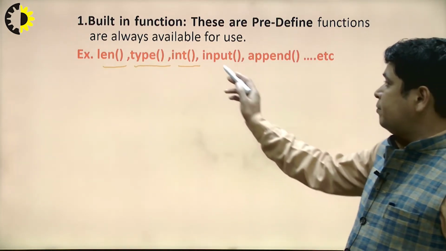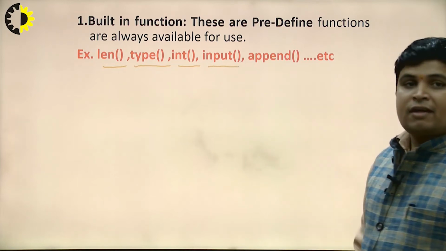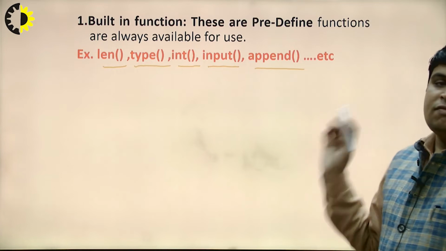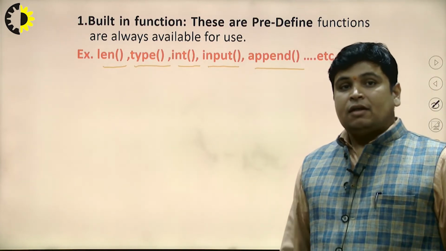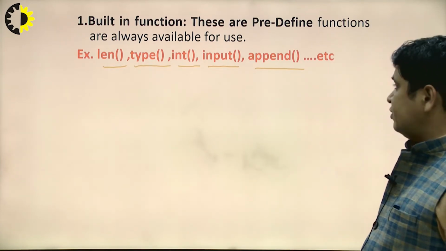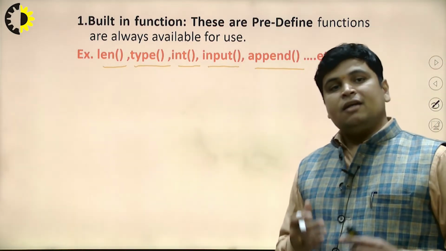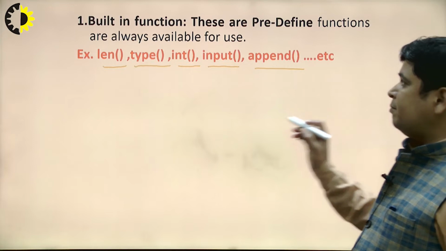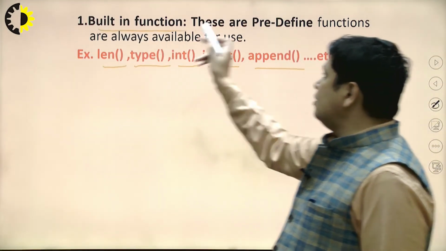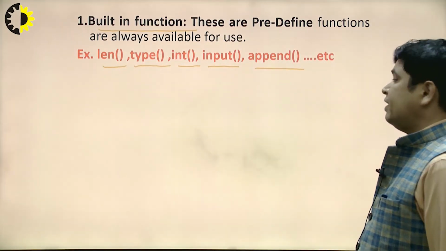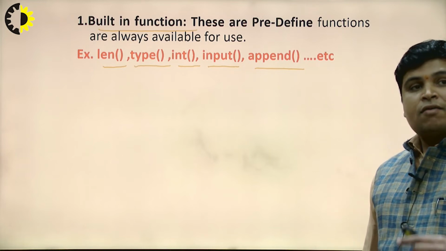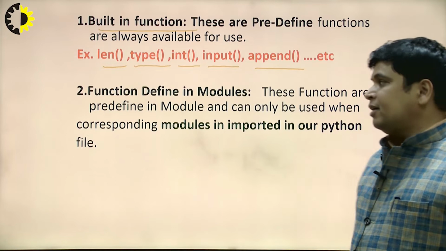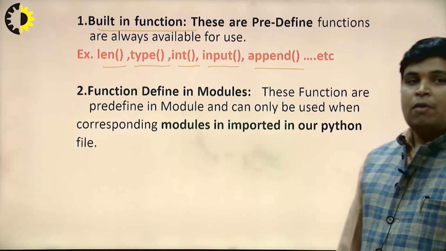The input function is used to take input at runtime, and append is a function. There are a lot of built-in functions available in Python. The append function is a list function which is used to append an item at the end of the list. But the most magical thing is that these built-in functions are predefined and always available for use.